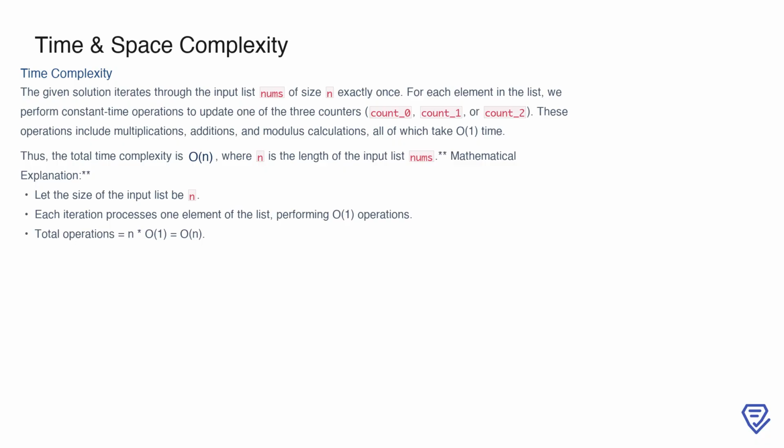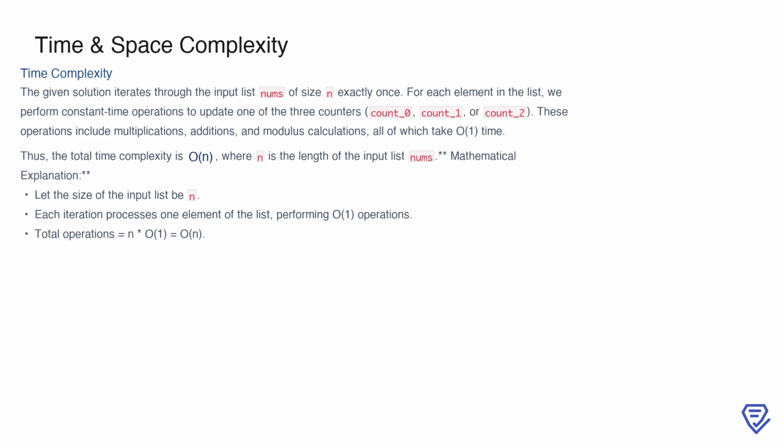To analyze the time complexity of our solution, we note that it iterates through the input list nums exactly once. This means that for a list of size n, we have a single loop running n times. Within each iteration, we perform constant time operations such as updating one of the three counters, count_0, count_1, or count_2.